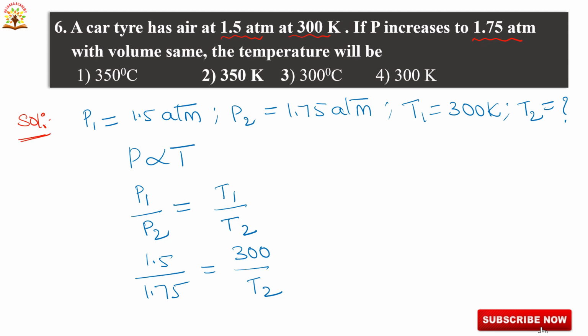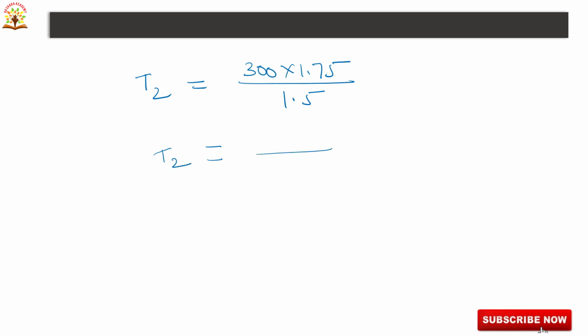Now taking cross multiplication, T2 is equal to 300 into 1.75 by 1.5. So T2 is equal to 300 into 1.75, we are getting 525 by 1.5.